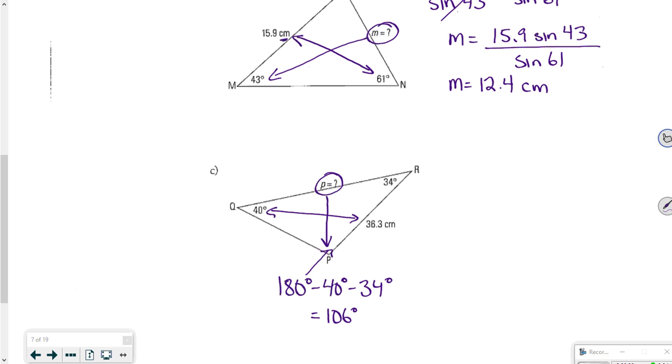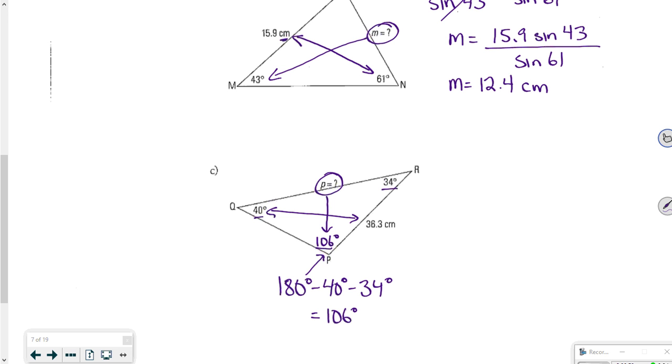If I do that, I end up with 106 degrees. That means that this angle right here is 106 degrees because all three of my angles have to add up to 180. So 40 plus 34 plus 106 would be 180 degrees.